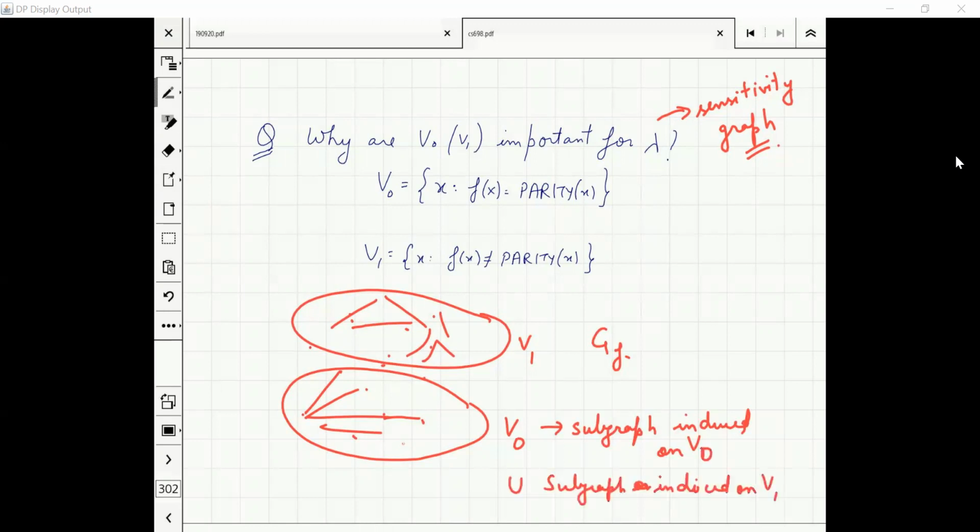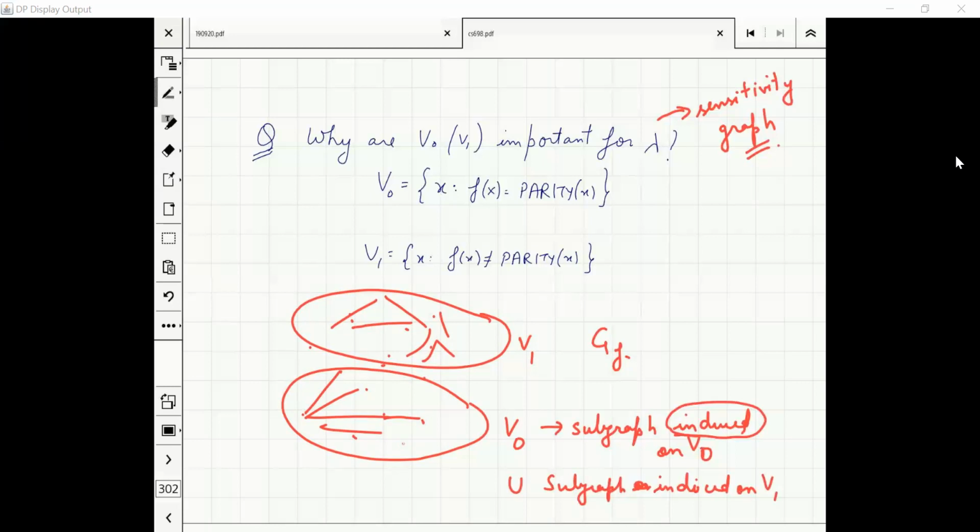Whatever is inside V0, pick two vertices. If there was an edge inside the Boolean hypercube, then you keep it. If it was not inside the Boolean hypercube, you don't. That's all. That is what induced means, right? Inside V0, induced means if something was an edge in the Boolean hypercube, I will keep it. If there was no edge inside the Boolean hypercube, I will not have it.